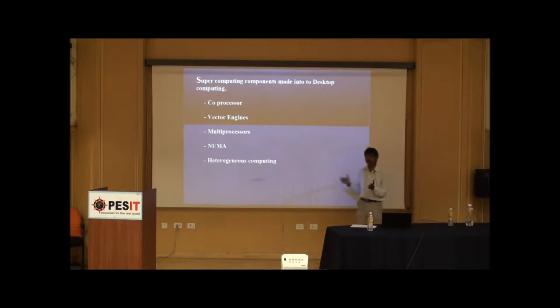Likewise, multi-processors were there. Now what do you have? And we are here today for multi-core programming, right? Now if you cut open a CPU processor, you have multi-cores aligned, right? So that also was initially part of supercomputing. Likewise, you have something called NUMA architecture. So what is NUMA?